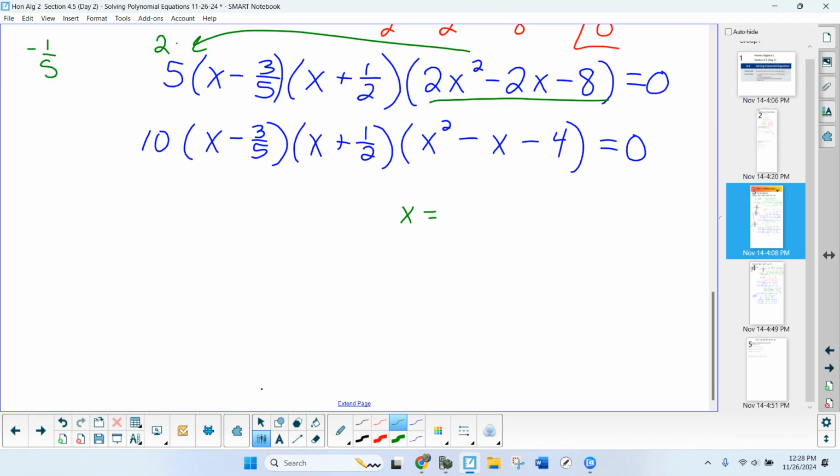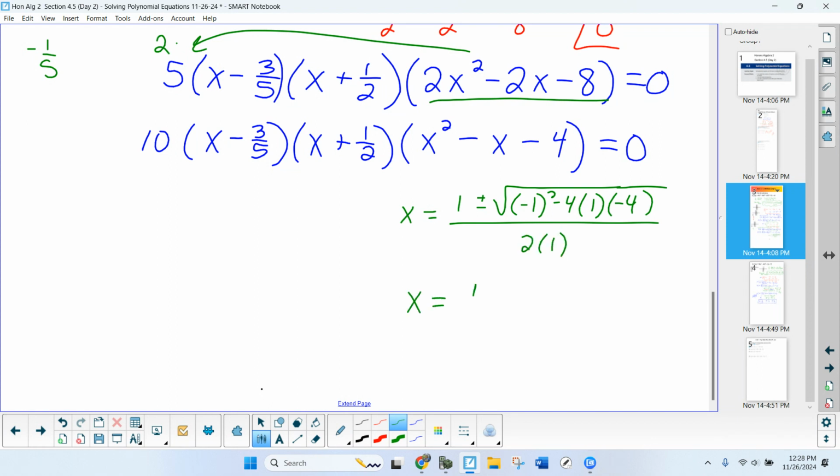Opposite of B. So what's B? 1. Opposite of B is negative 1. So 1 plus or minus square root of negative 1 squared minus 4 times A times C all over 2 times 1. So I have 1 plus or minus the square root of something over 2. Well, that's 1 plus 16.